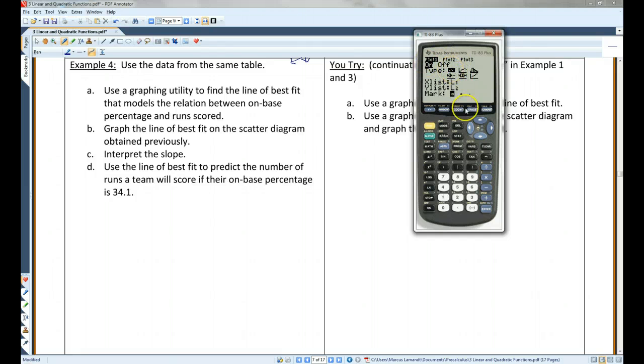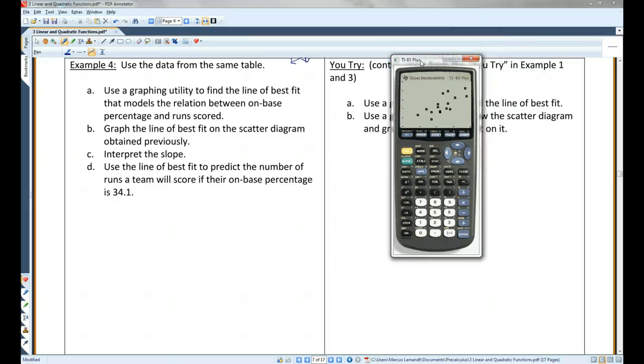Click on this type. Then go to stat, go to edit, and type in your chart, the one from example 1, in L1 and L2. Then hit graph. I changed the window from 31 to 35, and then from 650 to 900 for the y's. And this is the scatter plot. Okay?